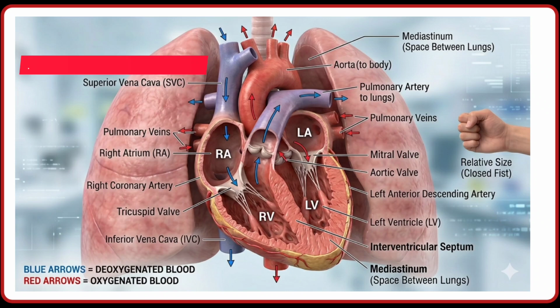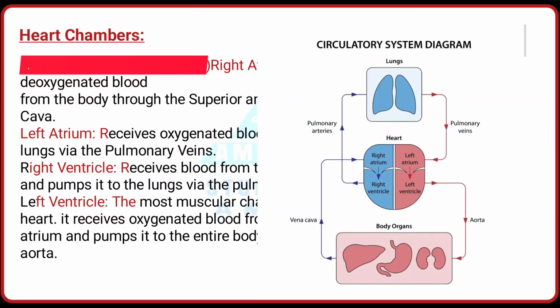Ventricles are the pumping chambers. The 2 lower chambers are called ventricles. These are much larger and thicker than the atria because they are responsible for moving blood out of the heart and into the circulation.